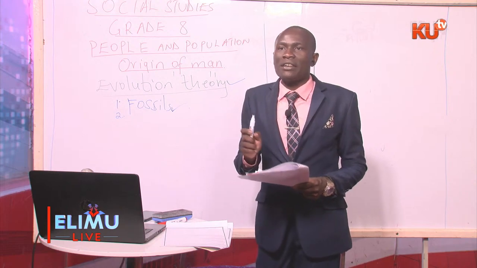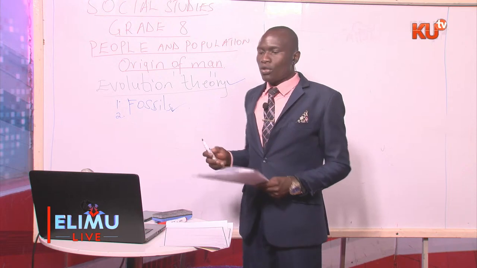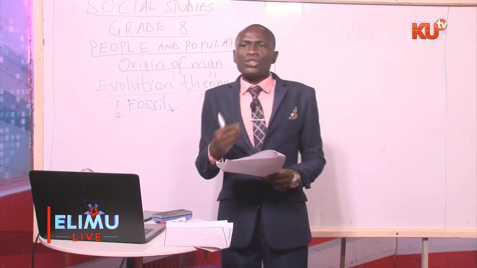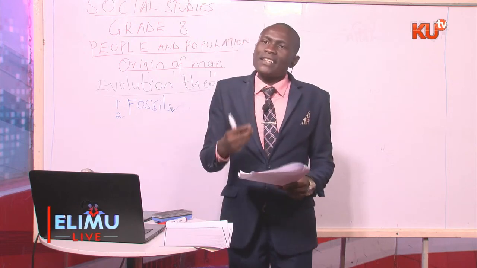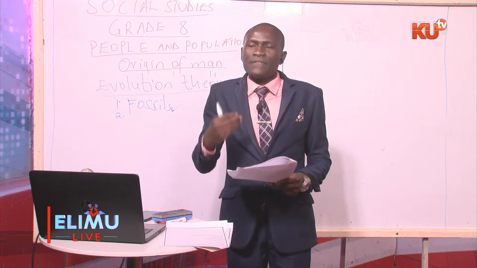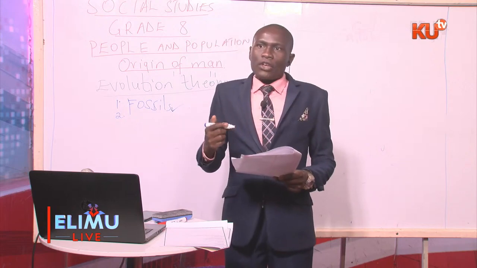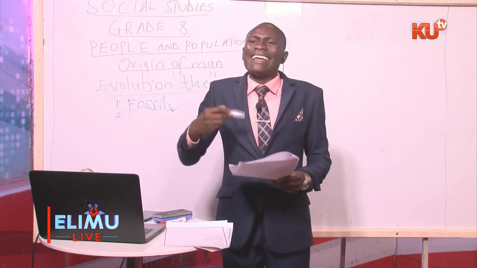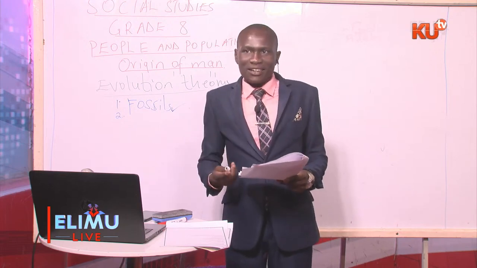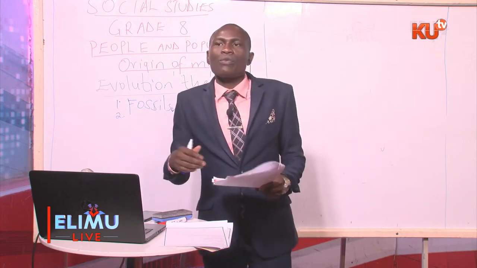Remember, we are talking about the evolution theory that was studied by Charles Darwin in a book called Origin of Species. Now, the theory of evolution states that human beings developed from different stages. Evolution means human beings developed from an ape-like creature to a more complex creature.